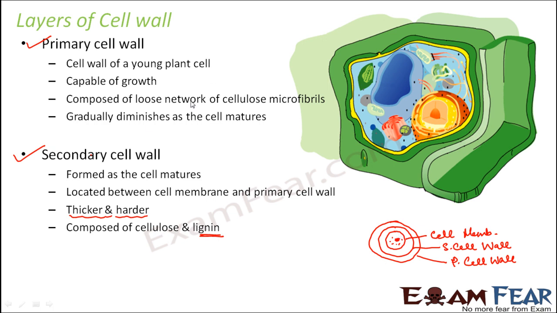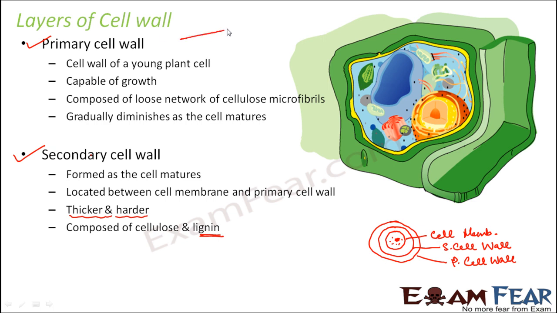You remember we spoke about the plant tissues in one of our previous lessons, where we talked about parenchyma, collenchyma, sclerenchyma. So now, looking at these definitions of primary and secondary cell wall, can you tell what kind of cell walls you see in parenchyma cells? Parenchyma cells are those which do not have any thickened corners.